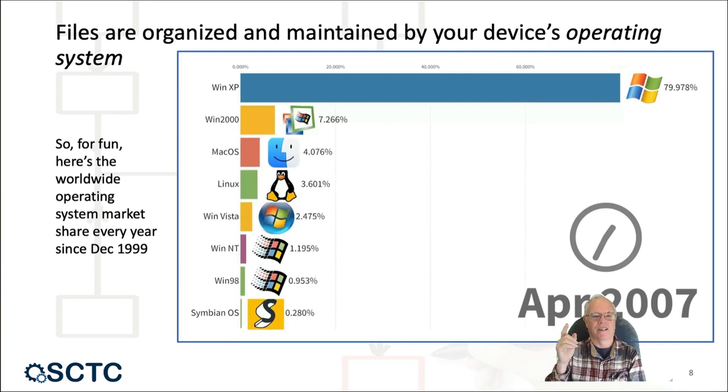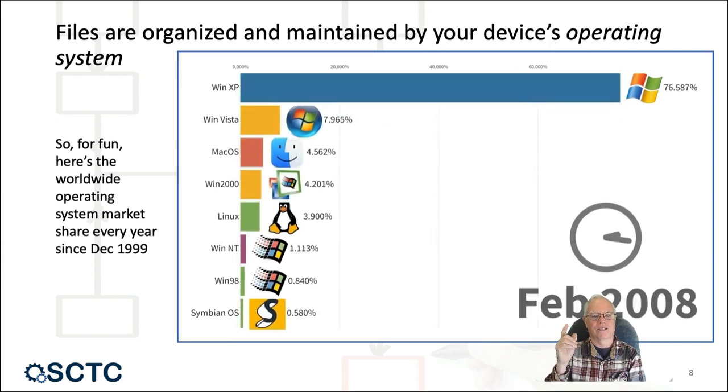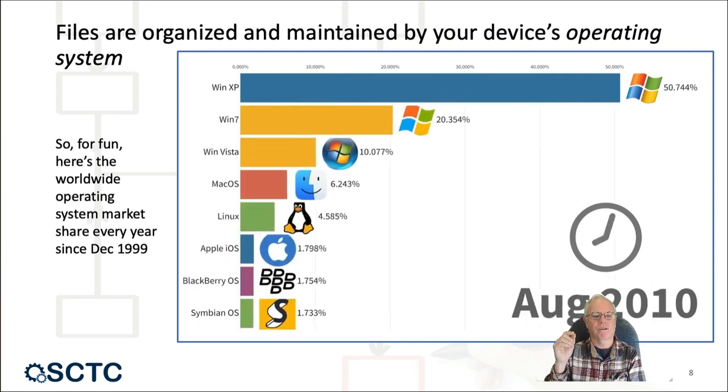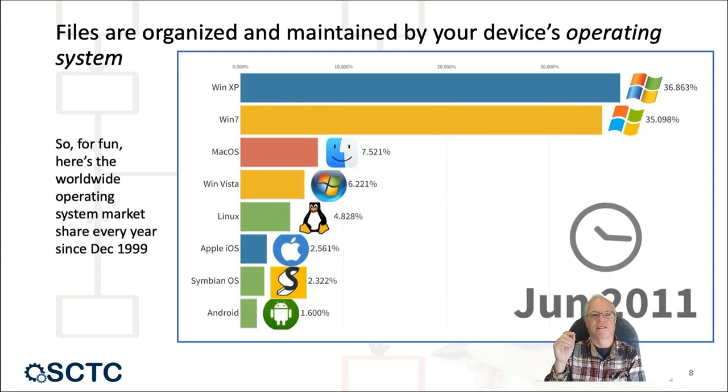I'll give you a hint here. There's a little product that comes out down at the bottom there called Apple iOS. That's the iPhone. And over the next 4 years, you can see June 2011, Apple iOS, which is the operating system for your iPhone, starts to take some market share.